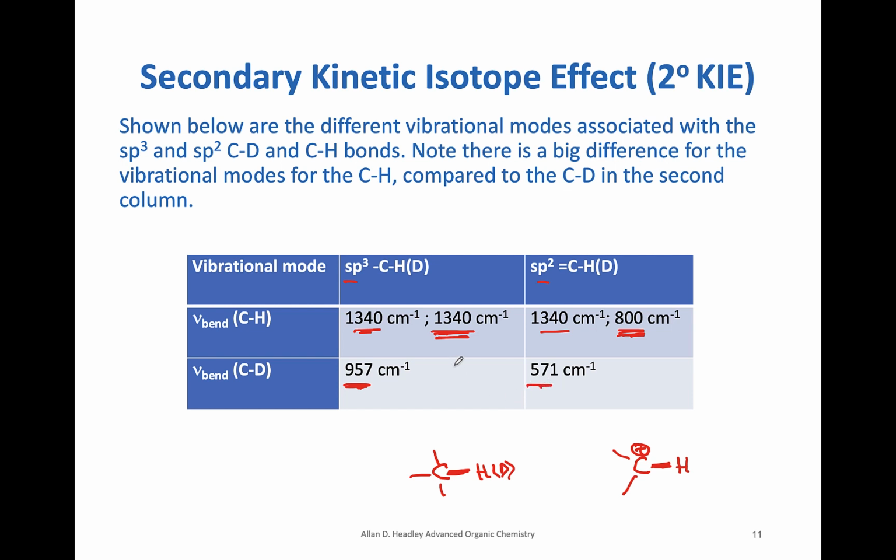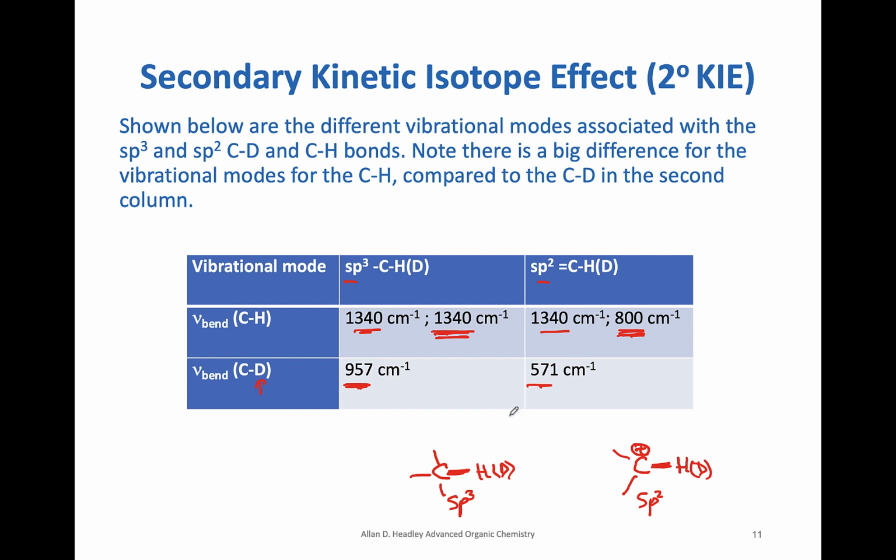A difference, notice, not as huge as this, but a difference if this were actually deuterium, as we can see for the D bond. So the bottom line is, there's a vibrational difference in going from sp3 to sp2, as reflected here.